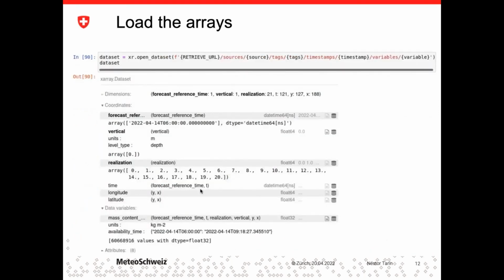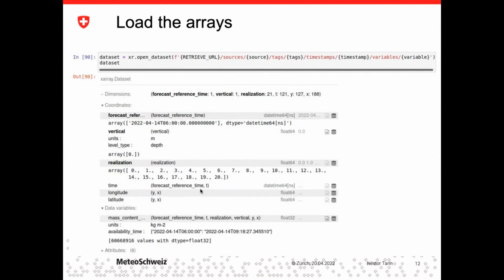Then here is how we load the arrays. We use xarray, which was also previously mentioned. We open the dataset and use the OpenDAP protocol in order to stream the data. Behind our service, we use dask to load the Zarr array and then stream the blocks to the client.